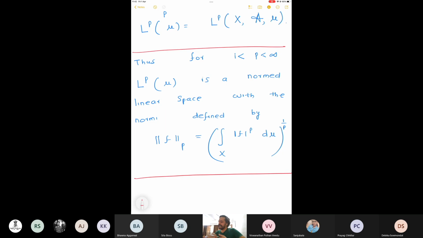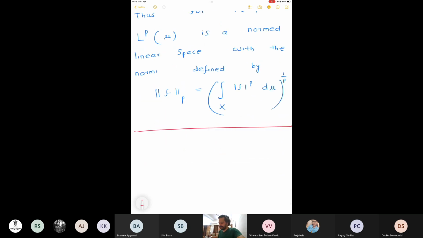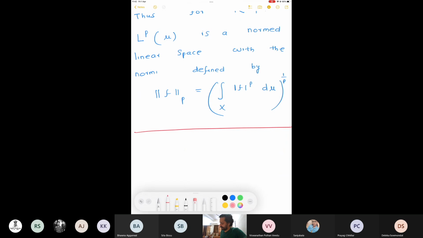This is called Lebesgue spaces. Whenever I say take an element f in a Lebesgue space, f is actually not a function, but a class of functions.